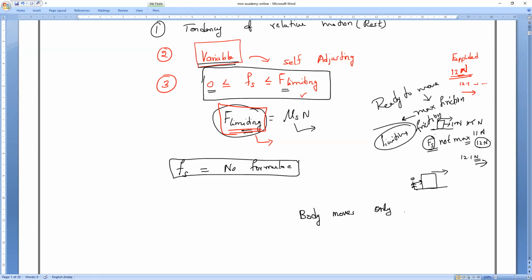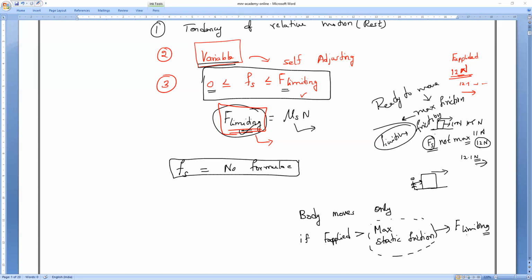Very, very important: the body moves only if the applied force is greater than the maximum static friction.